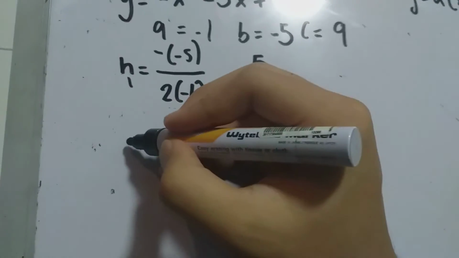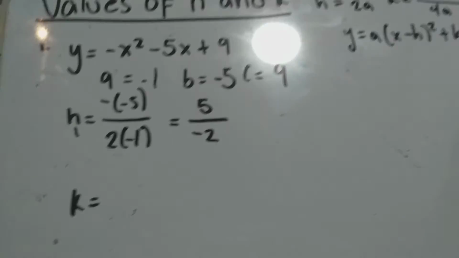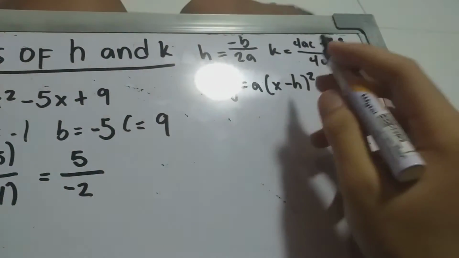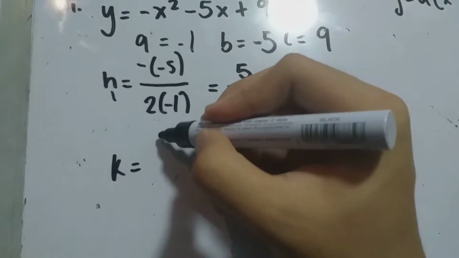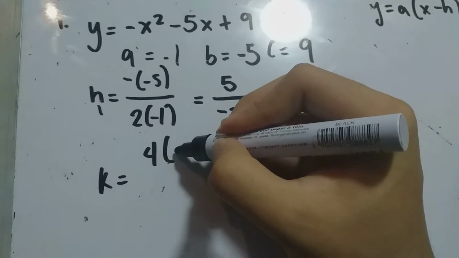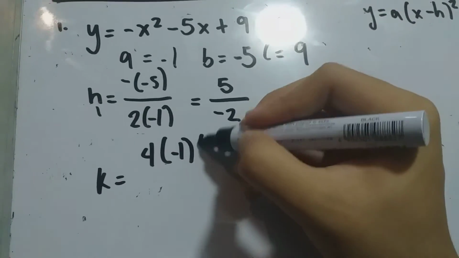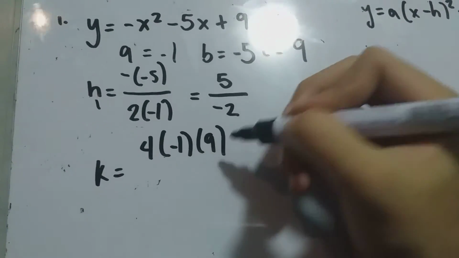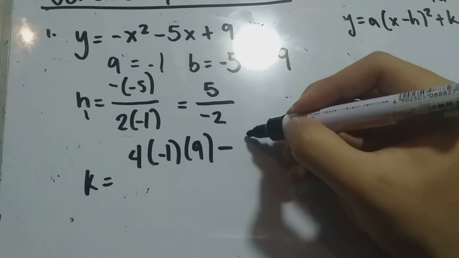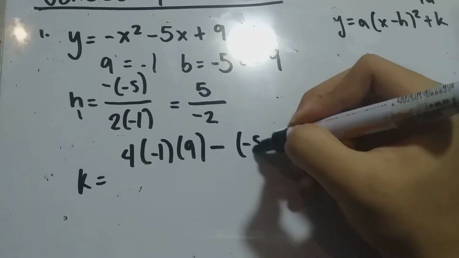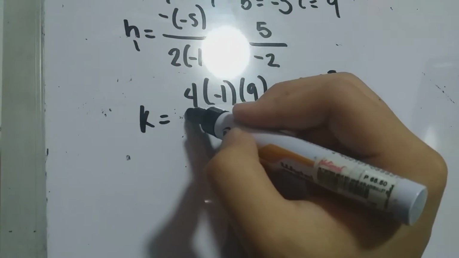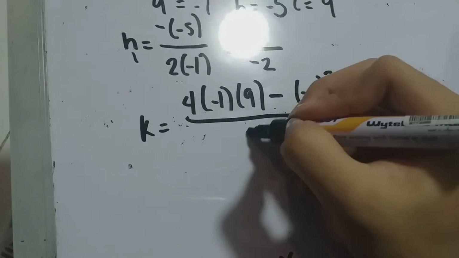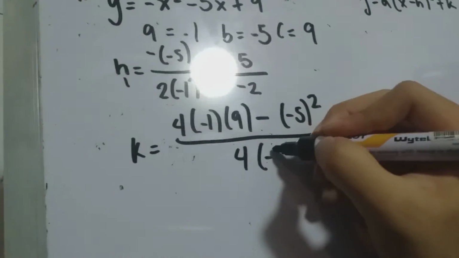Now, for your k, we just do 4ac minus b squared over 4a. So it's 4 times the value of a, which is negative 1, times the value of c, which is 9, minus b squared, which is the value of b right here, squared, all over 4a.